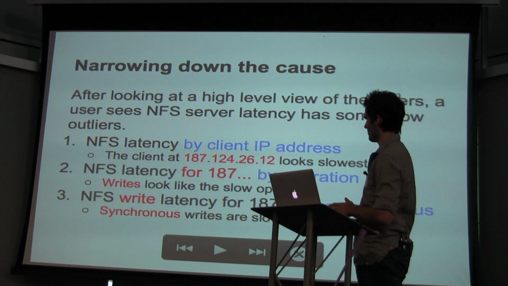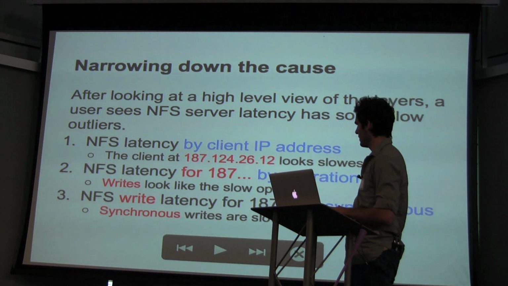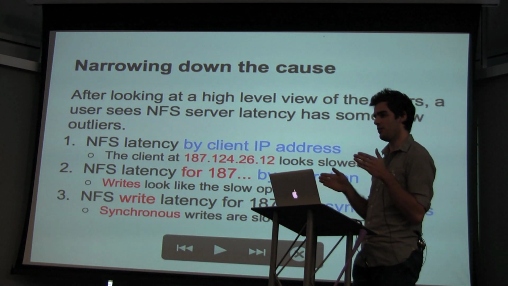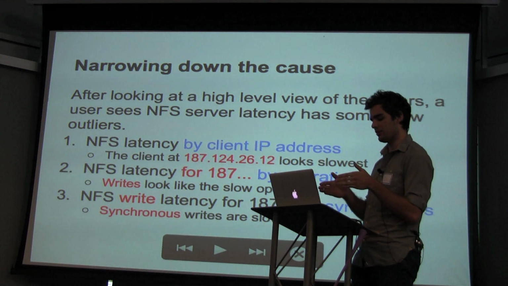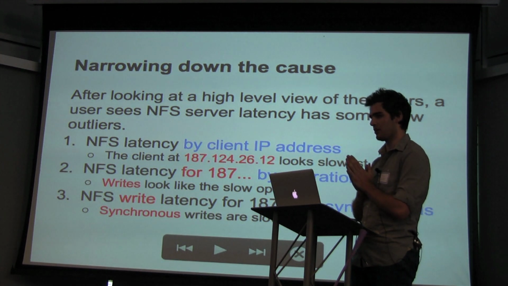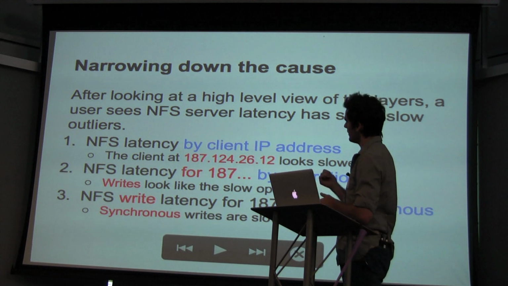That might reveal some information to you about which client is experiencing the worst pain, and then you can limit the set of probes firing to only relate to that client.